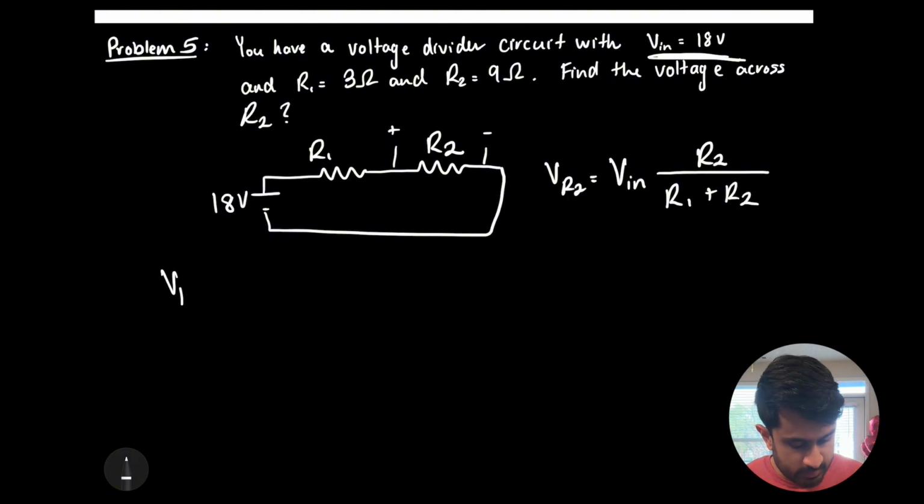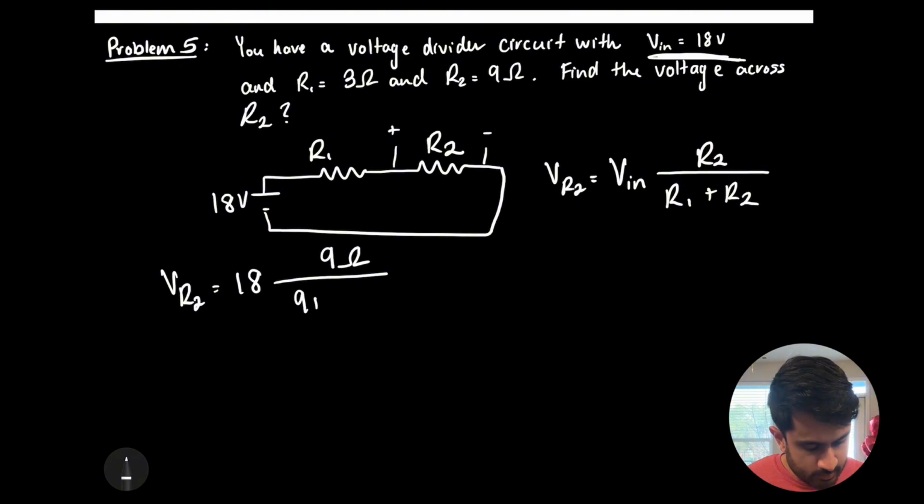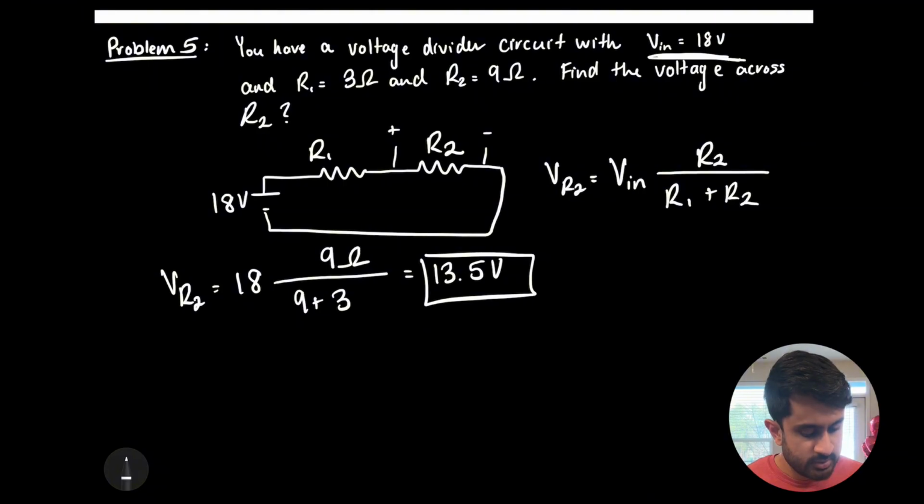Therefore, VR2 is equal to 18 times 9 ohms over 9 plus 3. And this simplifies to 13.5 volts is our final answer, meaning there's 13.5 volts specifically across R2.